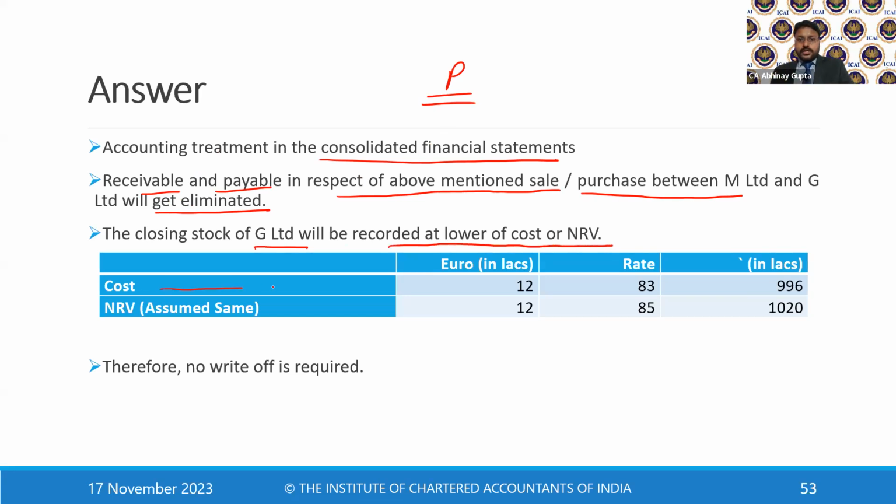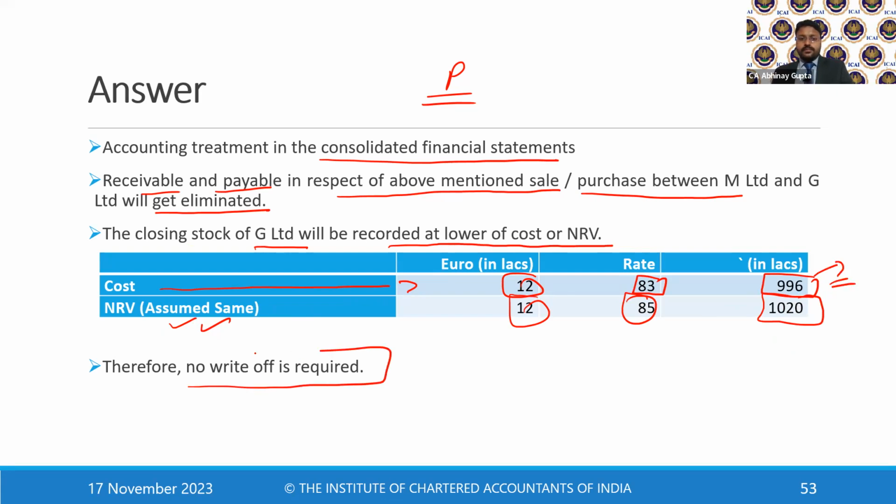Now, cost is what? 12 lakh euros into 83 rupees was the exchange rate, so 996 was the amount. NRV, because not given in the question, we are assuming that NRV is the same. When it is restated at 85, the amount gets to 1020, but we will consider cost or NRV as same, so there is no write-off required, right? So at least there wouldn't be any write-off.